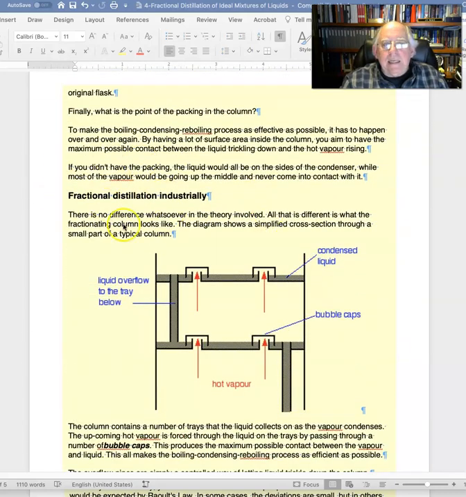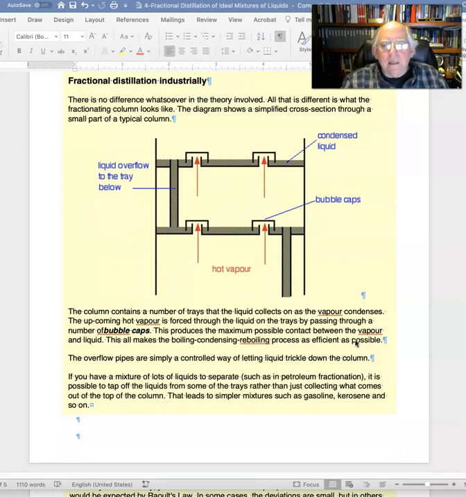In industry, a similar thing is happening where you have these various trays and some overflows and other things like that, and you have the hot vapor coming up. Again, I'll let you read what's happening here. But you have that area for the vapor to recondense, and when it recondenses, it's at a higher fraction of the volatile component.